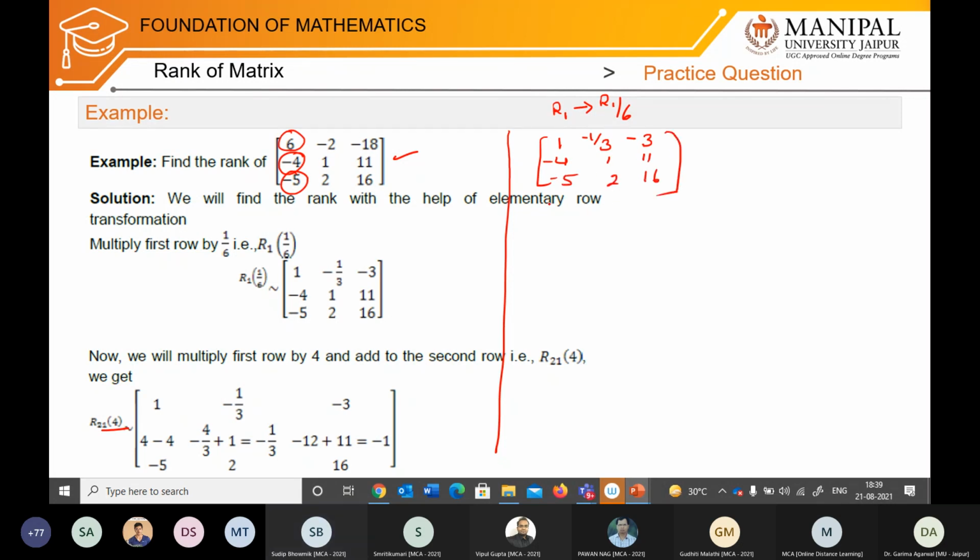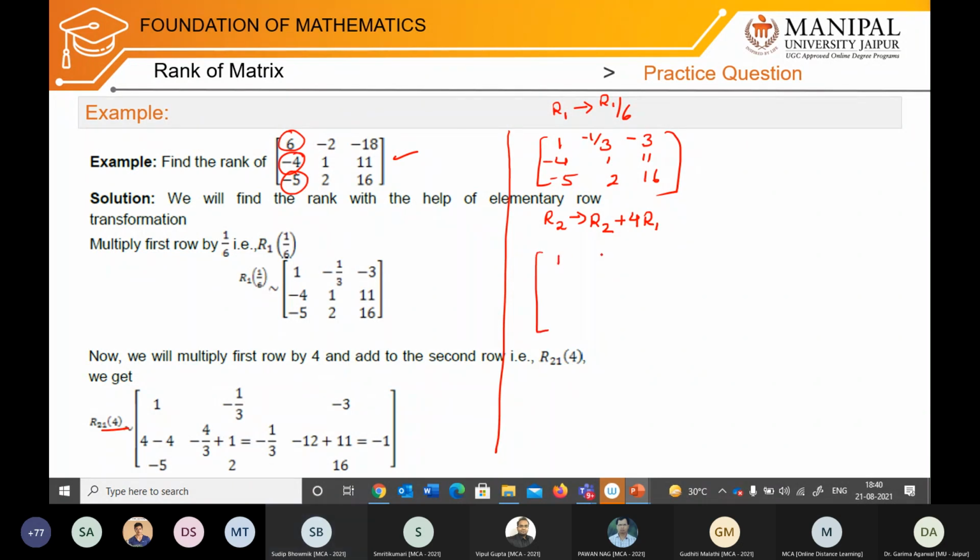Now my next target is to convert this element into 0. Please remember we are using row transformation, so we need to apply all the transformations on rows, right? So now my target is to convert this element into 0. We need to apply the transformation on R2, definitely. That should be R2 plus 4R1, right?